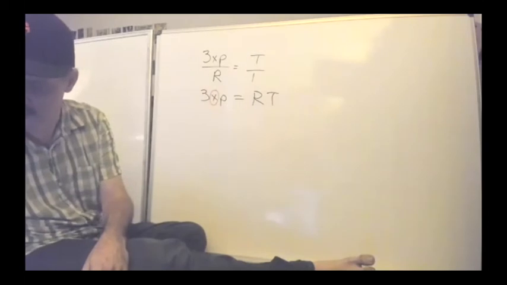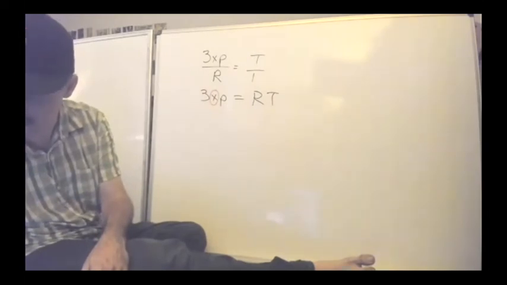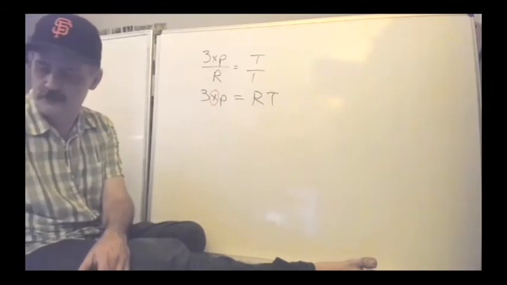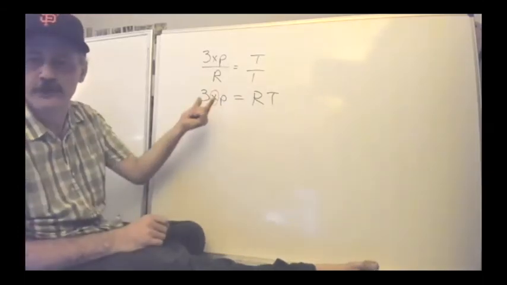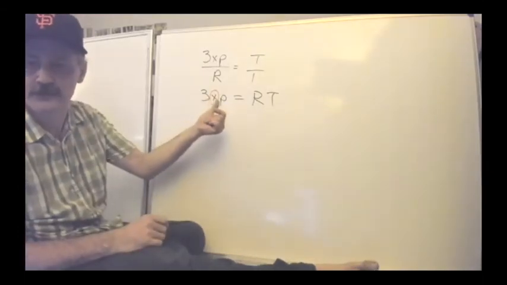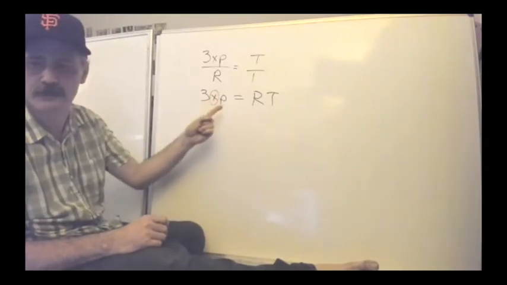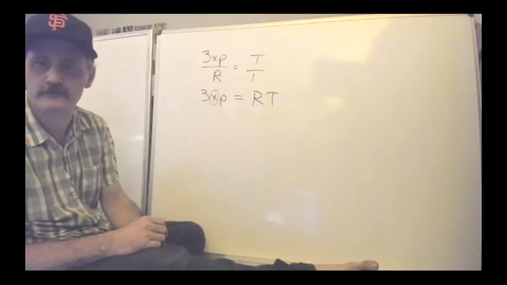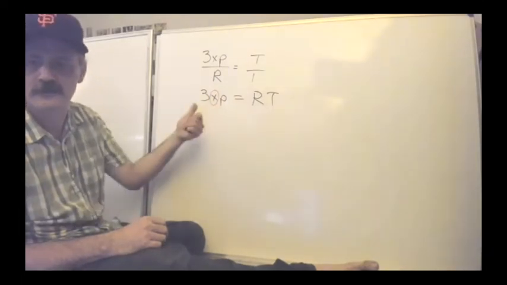All right, so I'm going to call on somebody. Daniel, what operation is implied with 3xp? Daniel? Multiplication. Right.